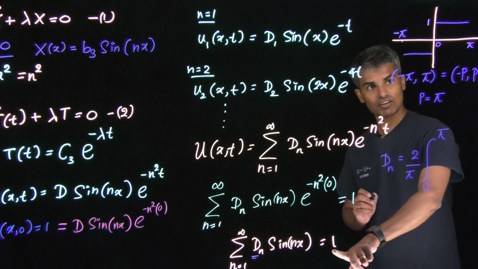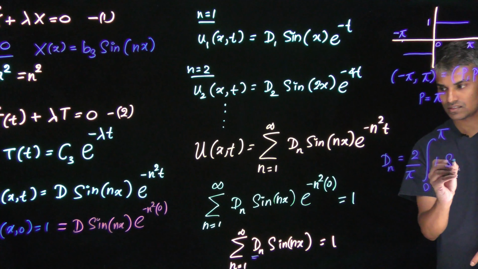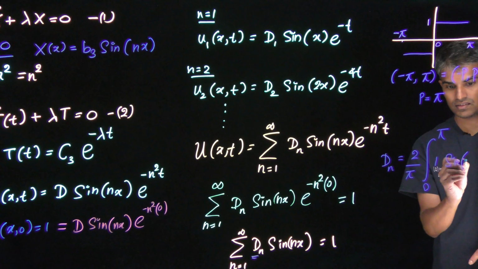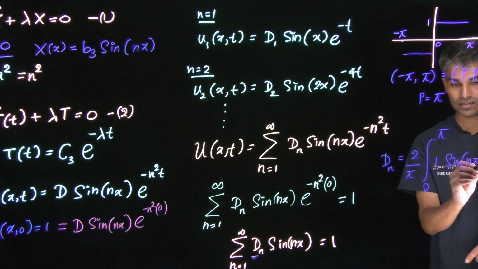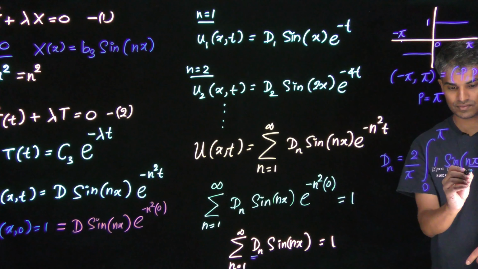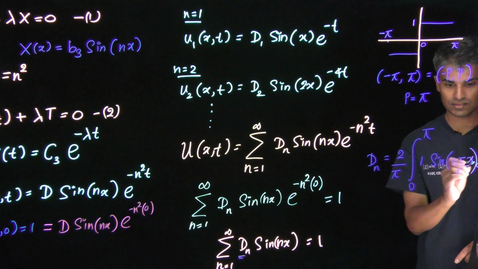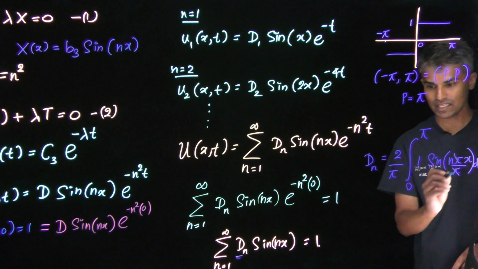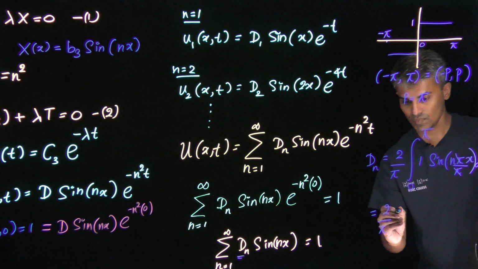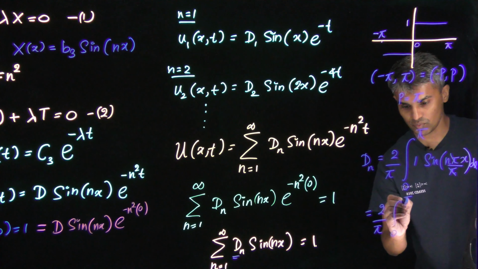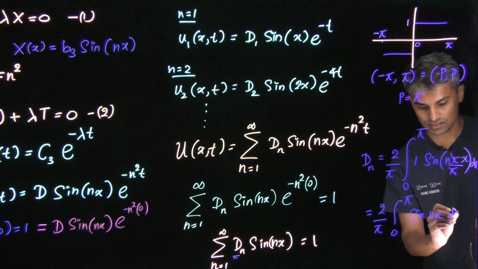So, in this case my function is 1 times sine of n pi x over p dx. We can cancel this pi with this, we have 2 over pi times the integral goes from 0 to pi of sine nx dx.